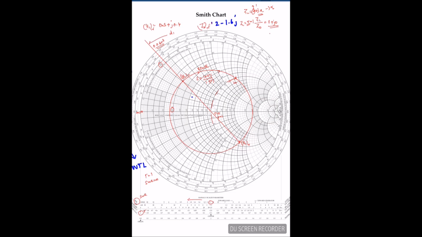If I move that distance d1 until it reaches r equals 1, I should know what the wavelength is at r equals 1. So I'll draw one more straight line from the origin to the r equals 1 or g equals 1 circle, matching with the VSWR of the transmission line.